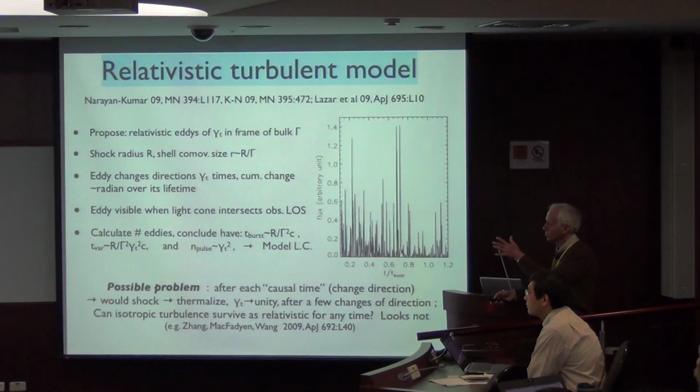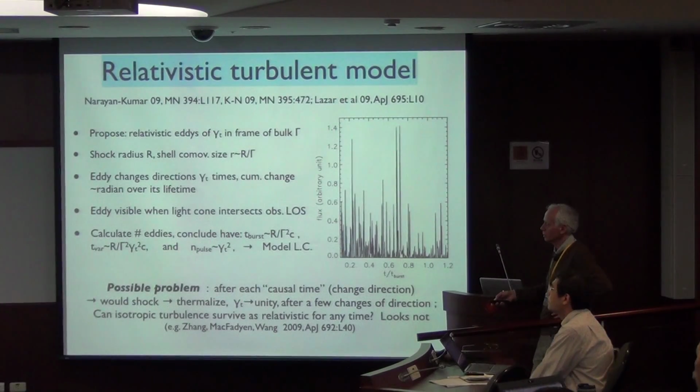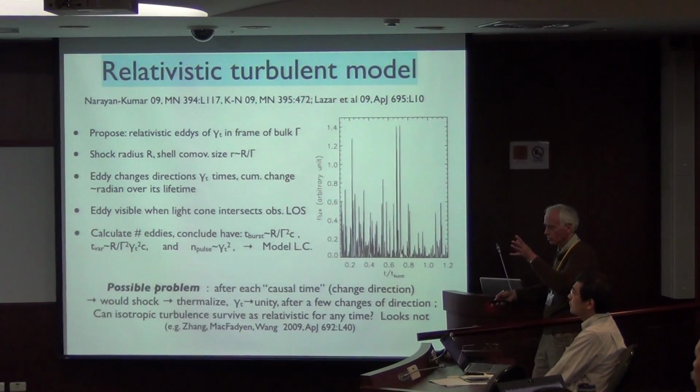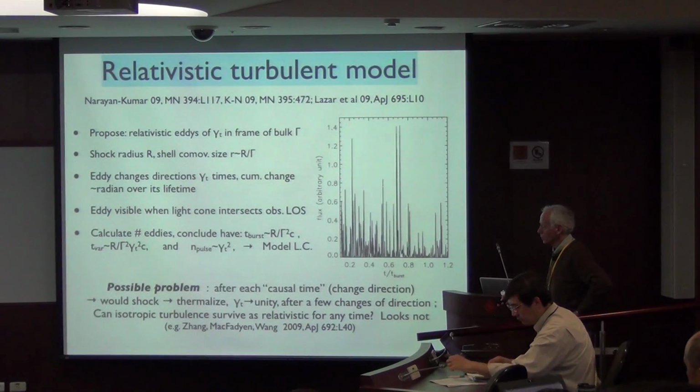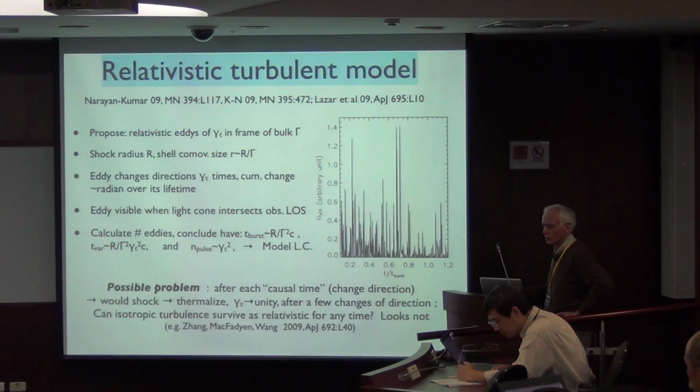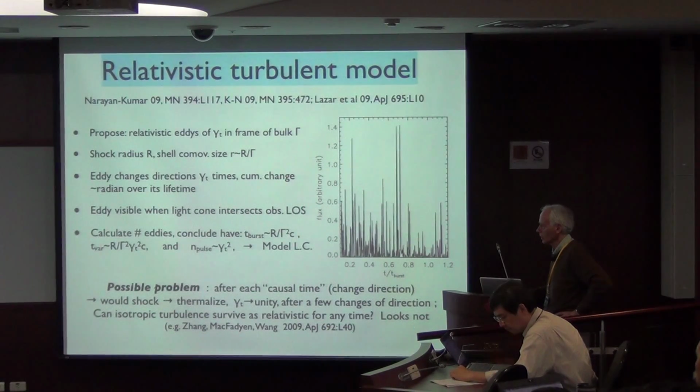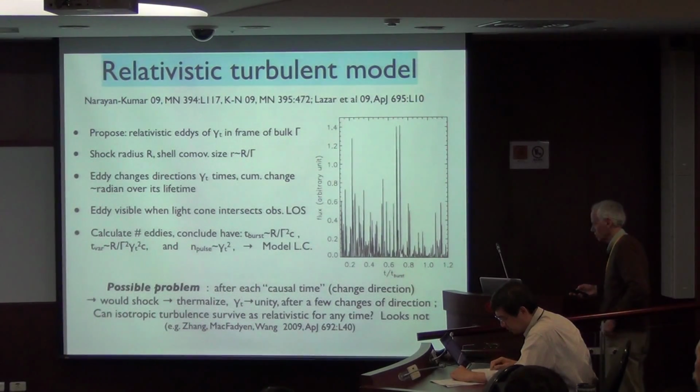And those change direction, and so they cause radiation, which gives you a very nice variability. The problem is that this relativistic turbulence is unlikely to remain relativistic for a long time. As soon as the eddies collide with each other, they will thermalize. They will become non-relativistic. And in fact, numerical calculations confirm that. So this was an interesting model, but I don't think it works.